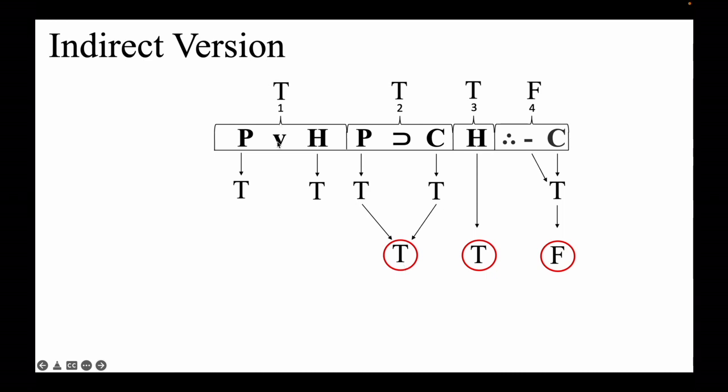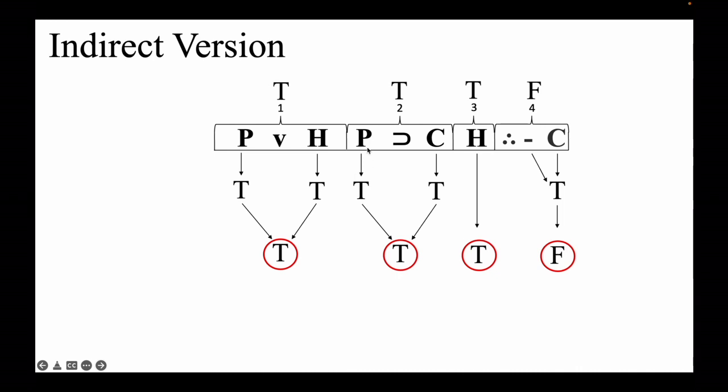And it's the same for premise 1 because this is a disjunction, and remember that the rule says that a disjunction is false if and only if both disjuncts are false. But in this case, they're both true. Consequently, it gives me a true. And I was able to confirm once again the truth of the premises and the falsity of the conclusion.